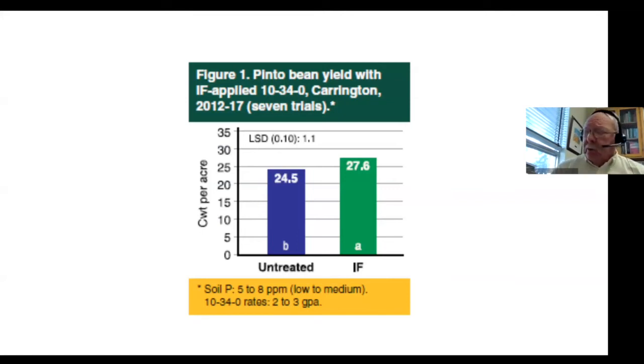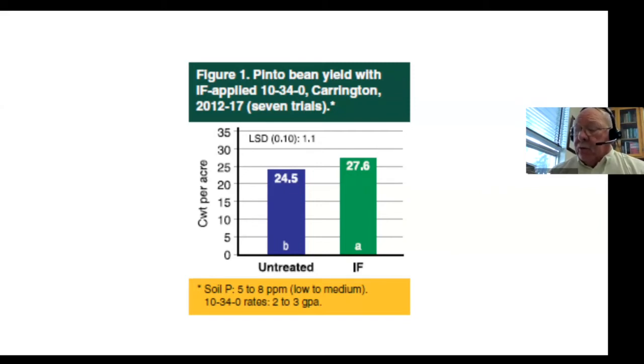Before a few years ago, I know people did it, but it wasn't something that was really recommended. But Greg Endress and his colleagues at Carrington had done multi-year studies of this for a long time, and so fairly confident that in years where there's some soil moisture at planting time, an in-furrow application of a very low rate, somewhere around 2 gallon, roughly 2 to 3 at the high end, of 10-34-0, or the low salt stuff, which is just as harmful to seed as the salt stuff.